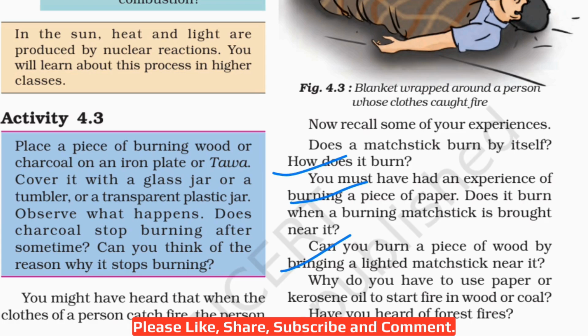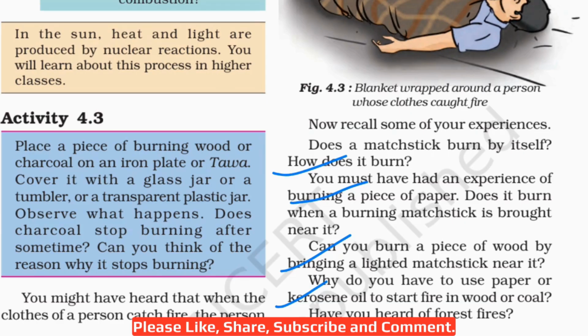Okay. Now before proceeding, let's do this one again, and then I will tell you the forest fire paragraph. Why do you have to use paper or kerosene oil to start a fire in wood or coal? I've already told you that you can't burn a piece of wood with a lighted matchstick, so we need something else like paper or kerosene oil to start a fire in wood or coal.